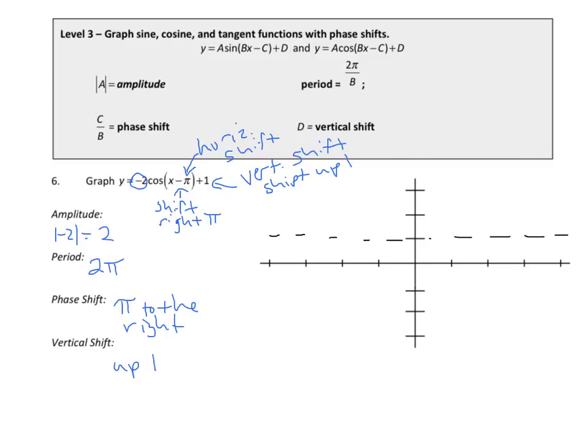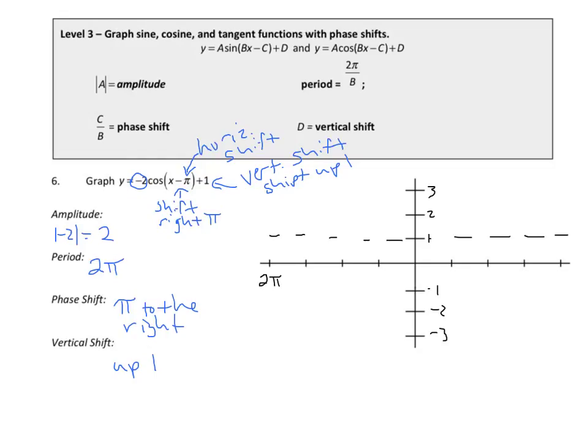And I'm going to label my y-axis 1, 2, 3, and -1, -2, -3. Then for my x-axis, I'm still going to go from -2 pi to +2 pi, since the period is still 2 pi.